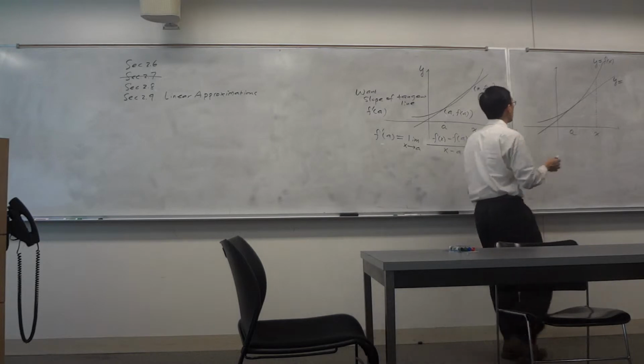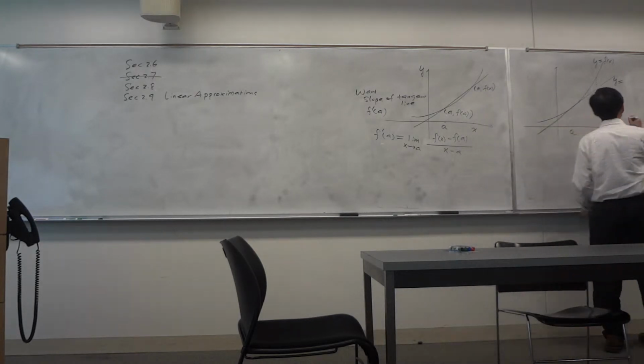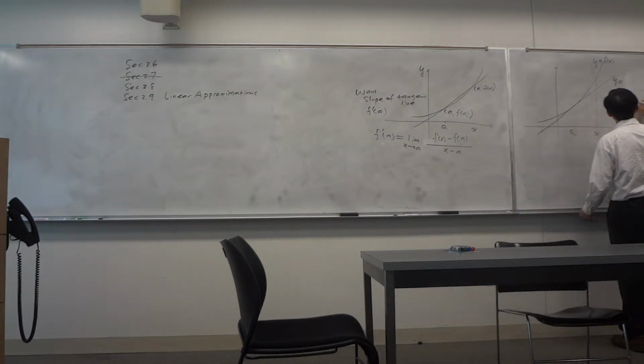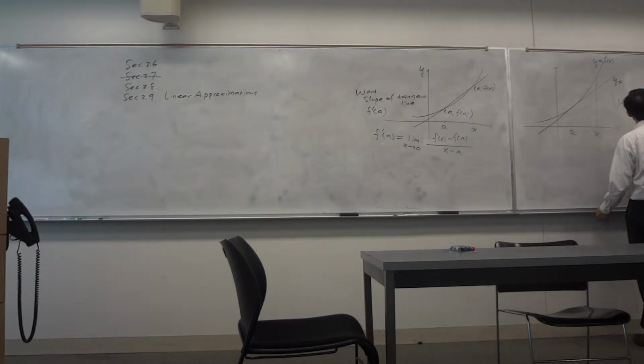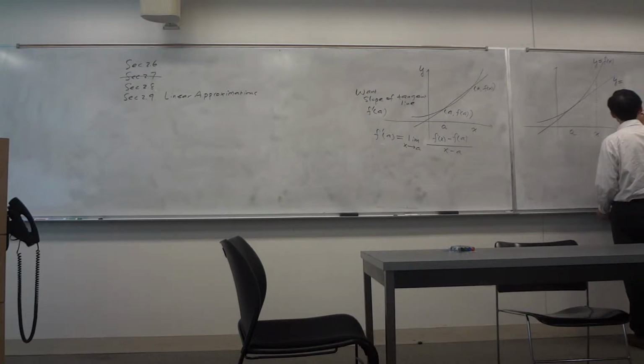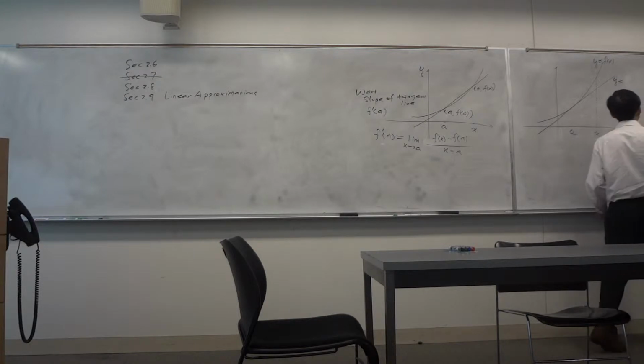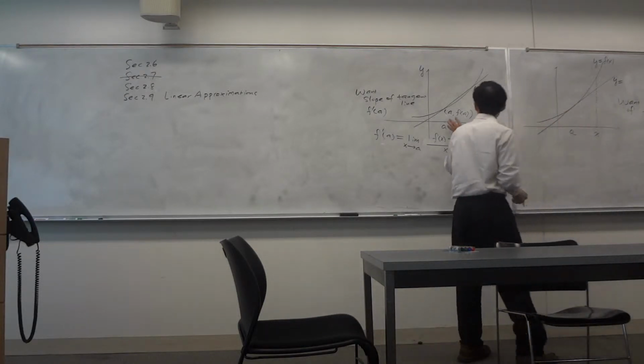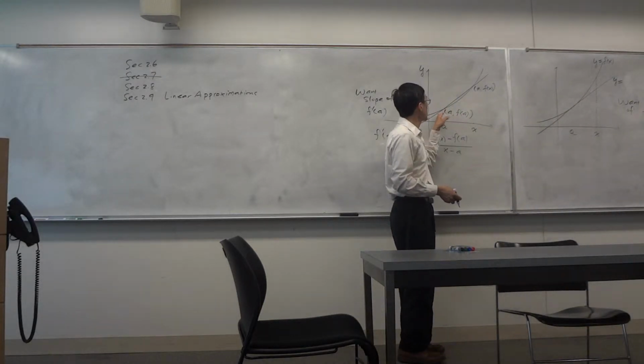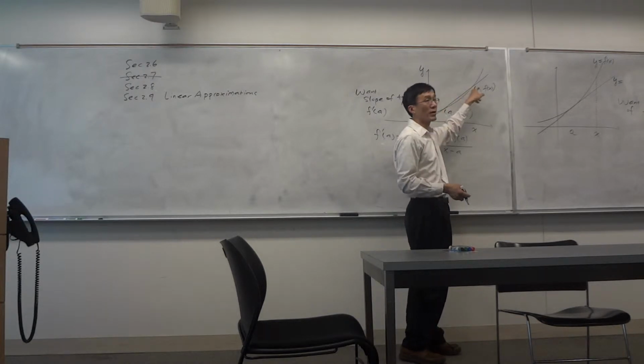Over here is different. We want the approximate value of f(x). The picture here does not really help, because if you take the secant line, this goes back to f(x).